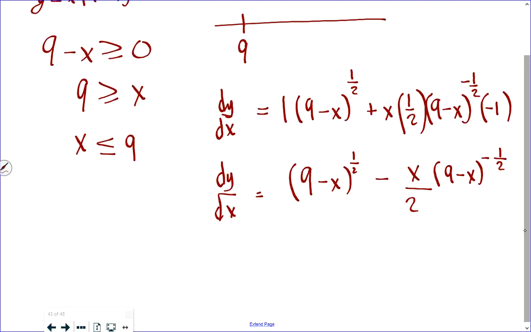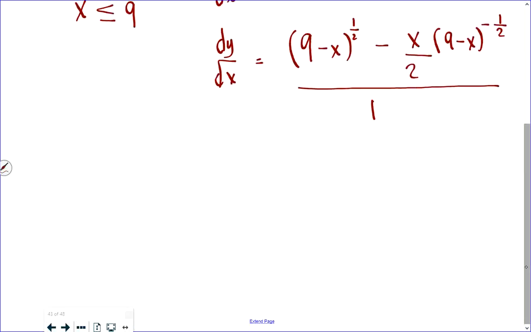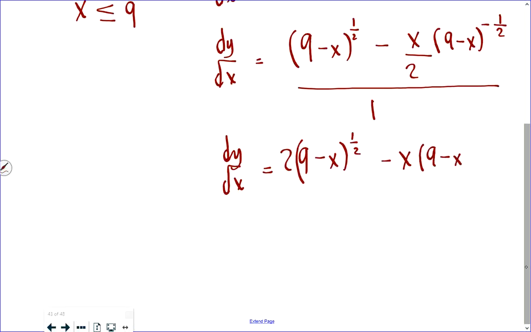So the first thing I'm going to do is multiply the top and the bottom of this by 2 to get rid of the 2 on the bottom of the second term of the top. We've done this before. So you get dy dx is equal to 2 times 9 minus x to the half minus x times 9 minus x to the half over 2.